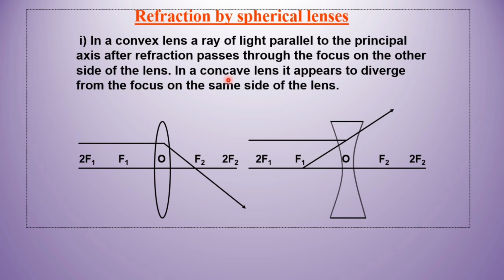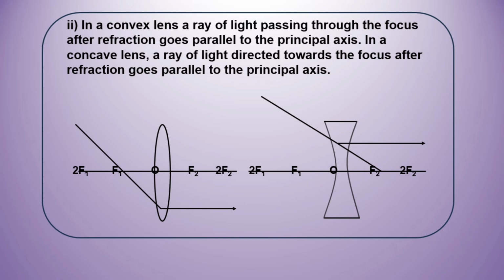But in a concave lens, it appears to diverge from the focus on the same side of the lens. Next, in a convex lens, a ray of light passing through the focus, after refraction, goes parallel to the principal axis.